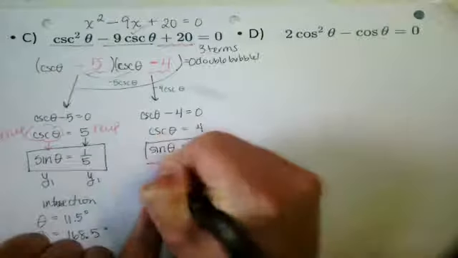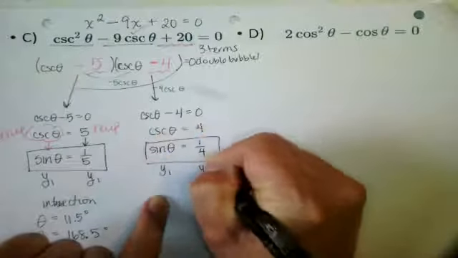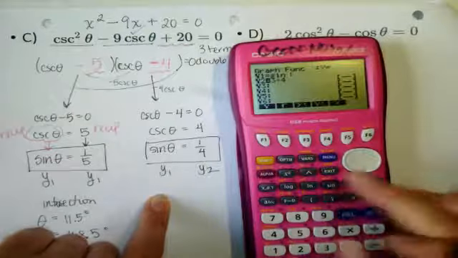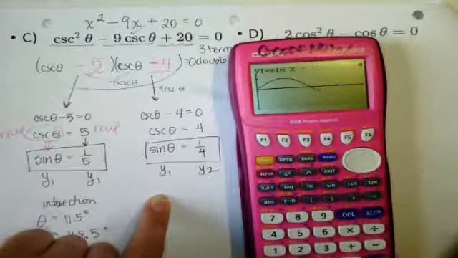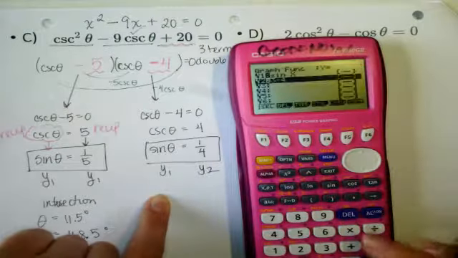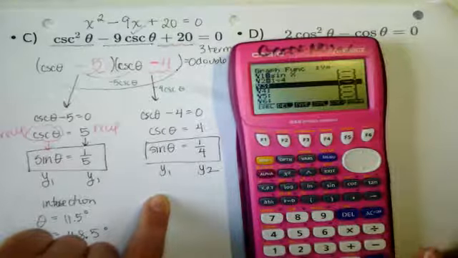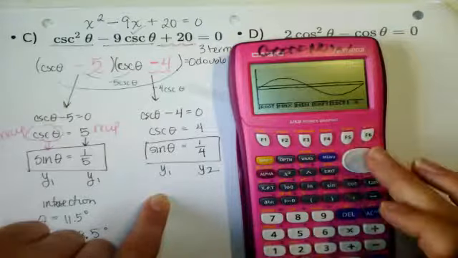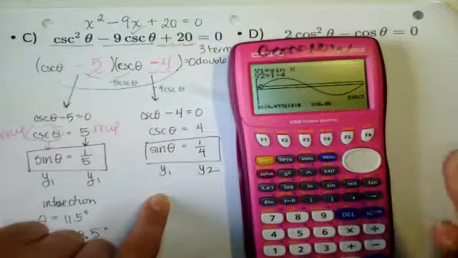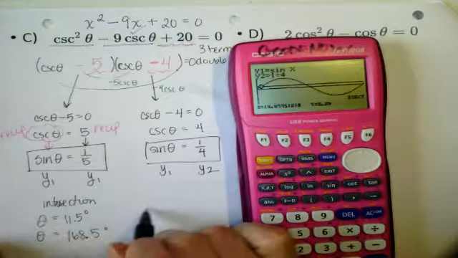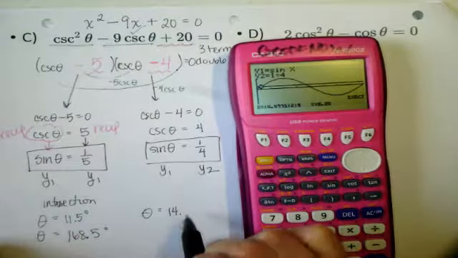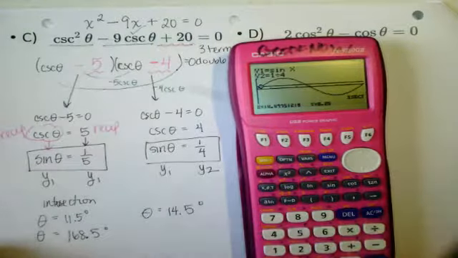So once again, I can put and calculate these. Sine of x, oops, that's not what I wanted to do, equals 1/4. There we go. Draw again, my window's set up. Graphing solve, calculate the intersection, and that gives you right away 14.5 degrees.